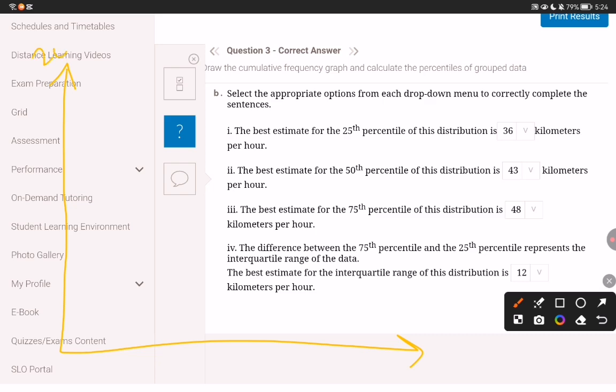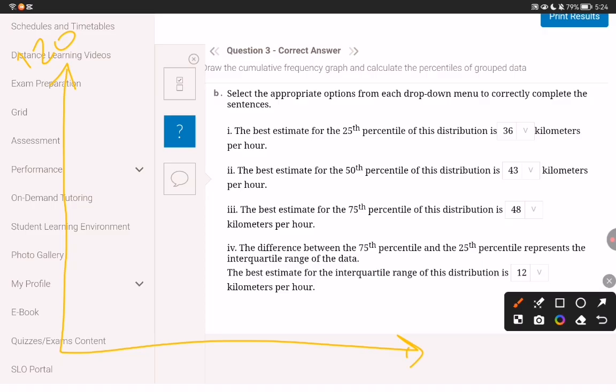Then you're going to have 200, oh wait, not 200, 120, because that's the highest cumulative frequency value, and it's the total frequency. And then you're going to have your final value of kilometers or x over here, on the x-axis. So you're going to find 25% of 120. So then that's 30.